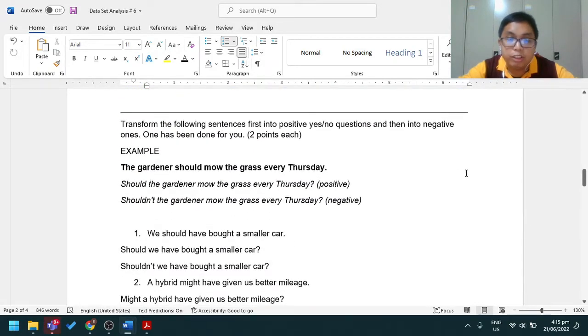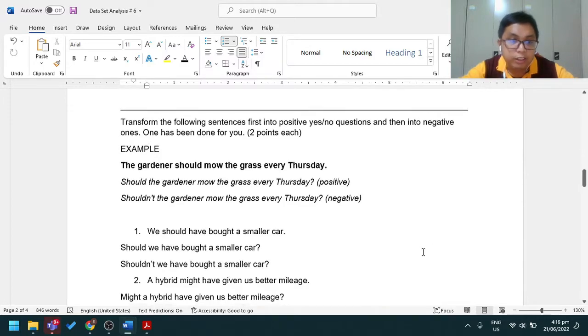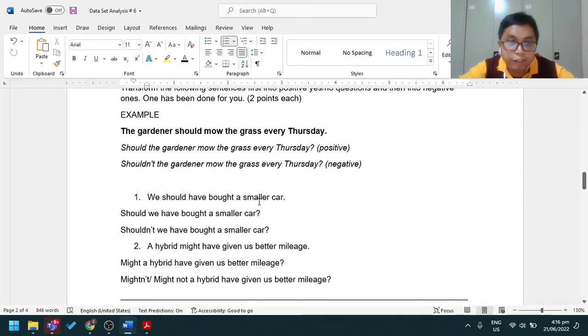Now in transforming the sentences into positive yes or no questions and then into negative ones, we have here, we should have bought a smaller car, and then transforming it into yes or no, should we have bought a smaller car?